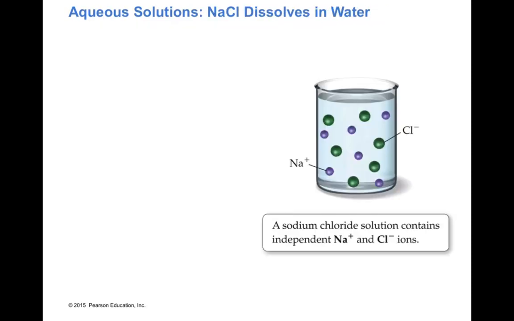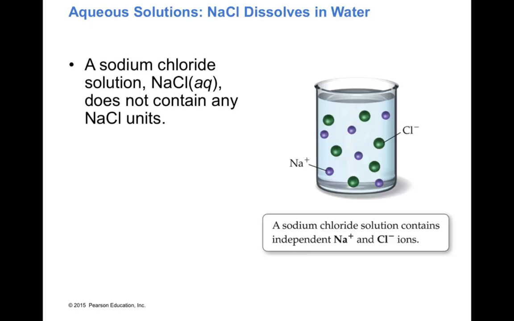So for example, we have a solution of sodium chloride. In a solution of sodium chloride, we don't have NaCl units. We don't have the sodium chloride as a compound in water. They separate, they dissociate, so that's why we have ions in that solution.